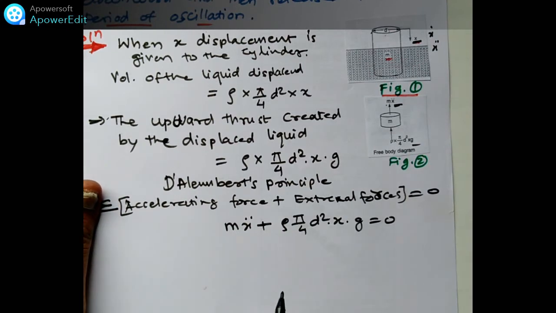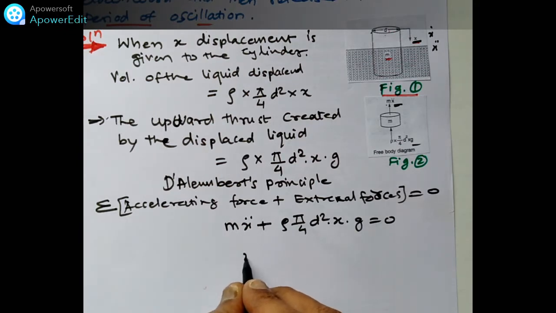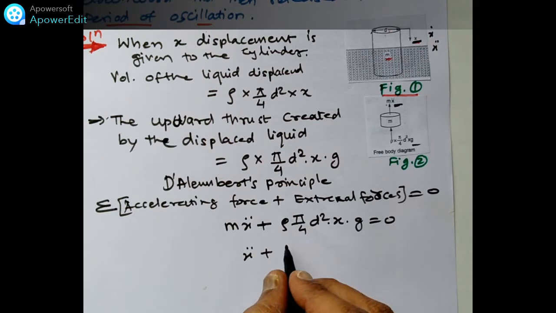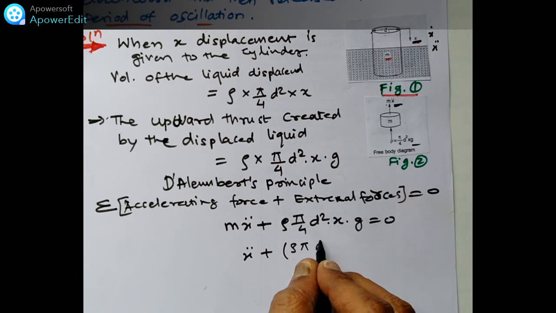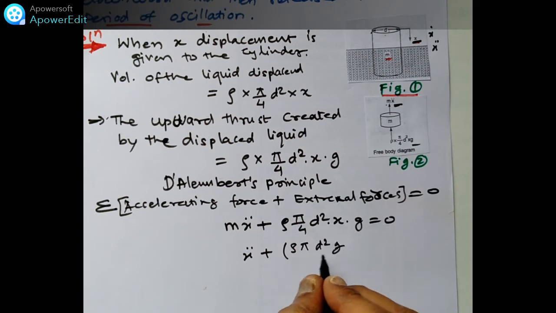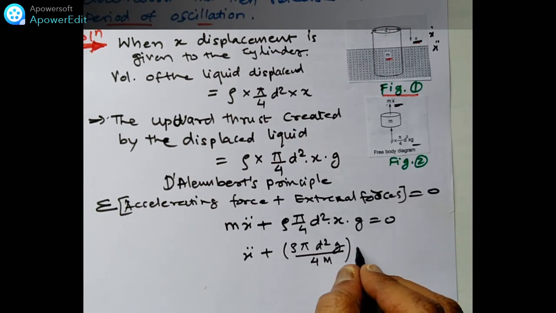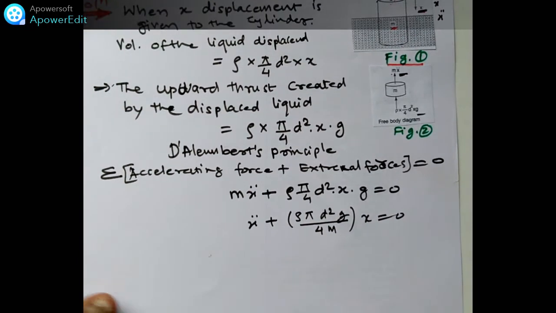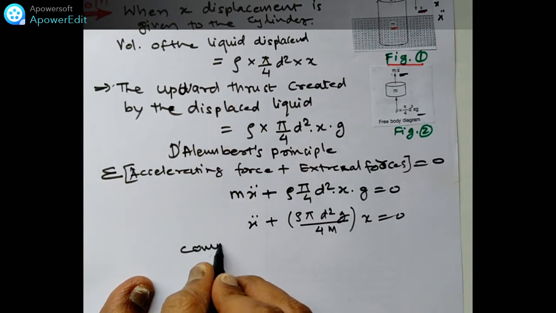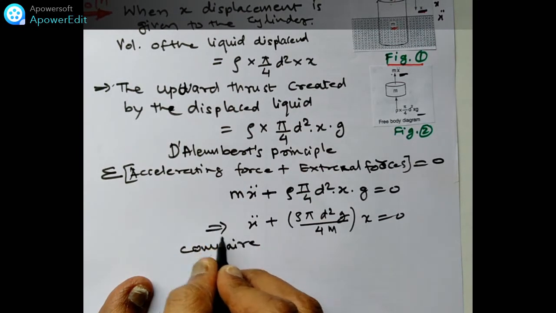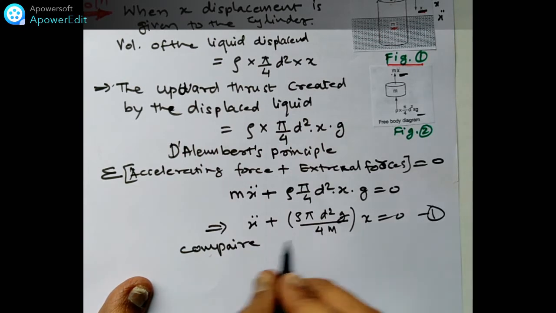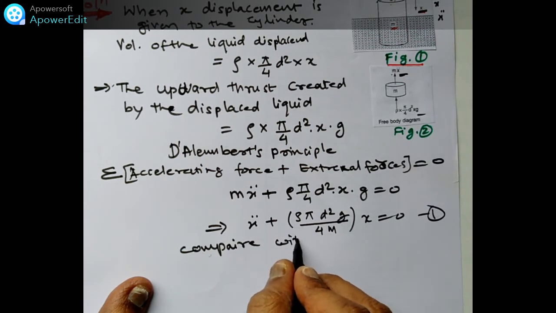We rewrite this as the simplified equation: x double dot plus rho pi d square g over 4m into x equals 0.